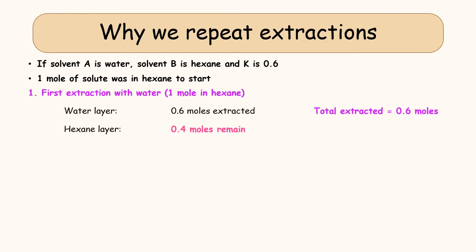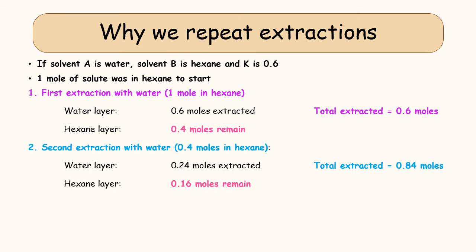So in our first extraction, we will get 0.6 moles going into water and 0.4 moles staying in the hexane layer. So if we consider everything that we've extracted in the first extraction, we've extracted 0.6 moles. Now if we take that hexane layer and we extract it again with water, this time we start with 0.4 moles in it.